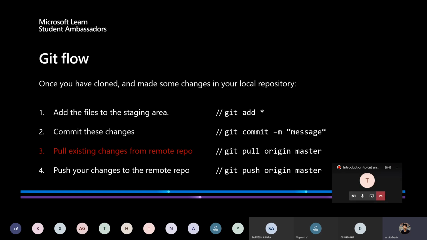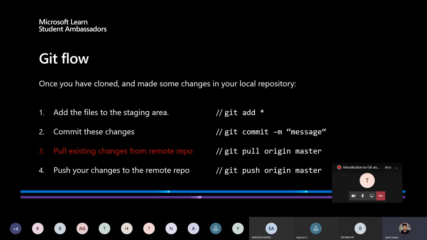But there is an important step which you always have to do before pushing your changes to the remote repository, and that is pulling existing changes from the remote repository. Suppose you have modified an index.html file and you added ABC in line 1 of that file. And for example, some other person also modified the same file and on line 1 he wrote EDF.